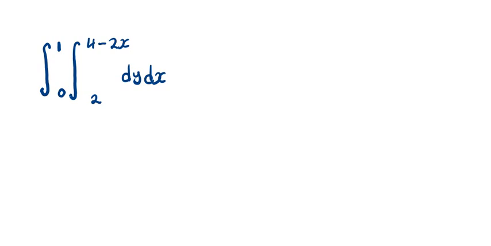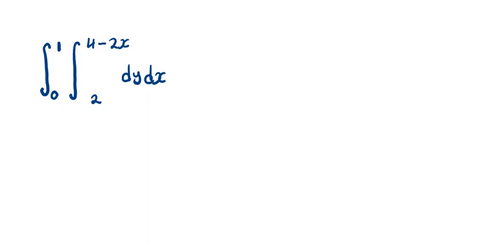Okay, so one thing that you need to understand about this integral here is that when you're talking about the order of integration, you are specifically focusing on the limits. So for example here, we have 0 to 1 as the limits for x, then 2 to 4 minus 2x as the limits for y.